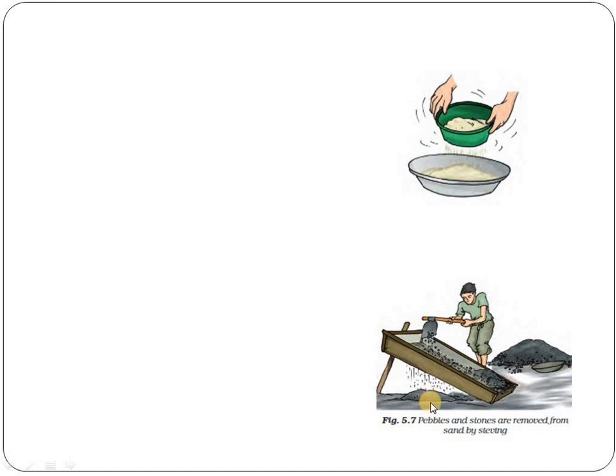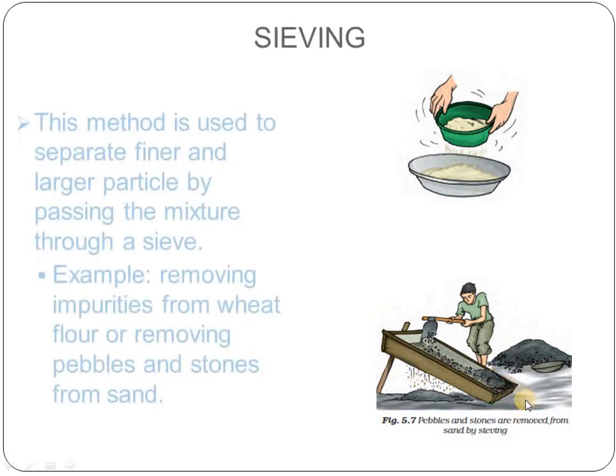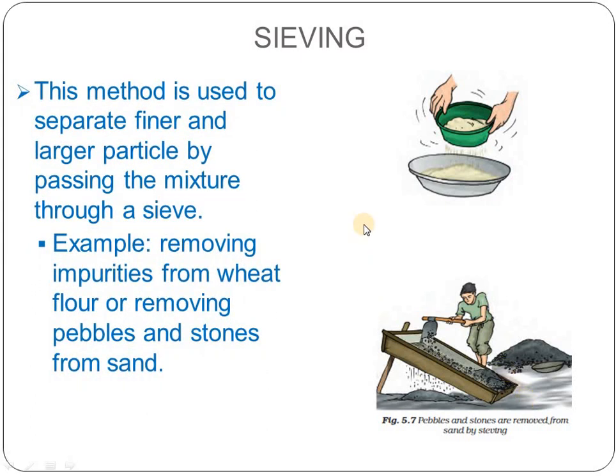This labor is removing pebbles and stones from the sand with the help of a big sieve. So sieving is another method of removing impurities. This method is used to separate very fine or tiny particles from larger particles by passing the mixture through a sieve. So this method is used to remove impurities from wheat flour or removing pebbles and stones from sand.